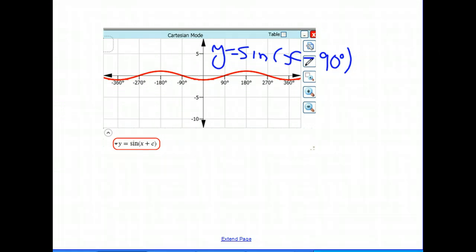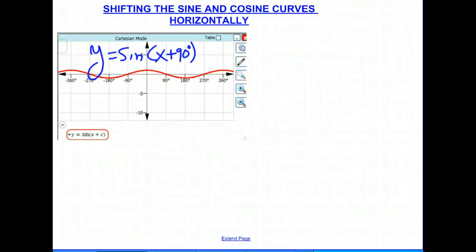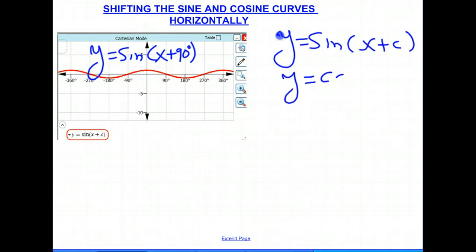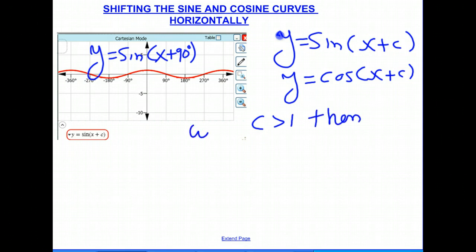So why don't we summarize what we just learned? In this case, we notice that when c is a positive number in the graph of y equals the sine of x plus c, and by the way, this could be the cosine as well, graphs are very similar, that when c is greater than 1, the graph shifts to the left.